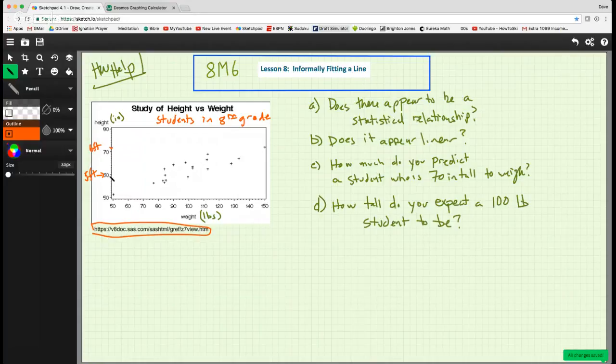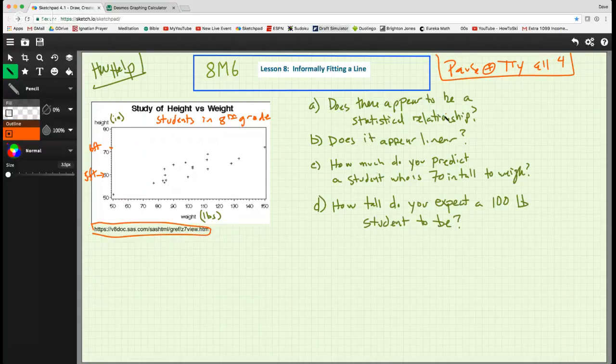So some students are 5 feet, some are a little bit less than 5 feet. You may have one 6-foot tall, really tall student in 8th grade, maybe. And so this data would be pretty reasonable for that. So does there appear to be a statistical relationship between weight and height? I want you to pause and try all 4 questions.